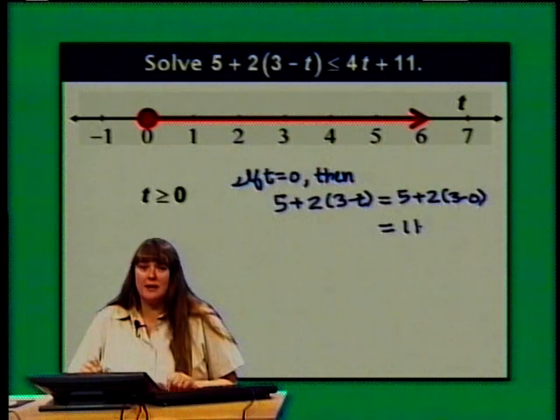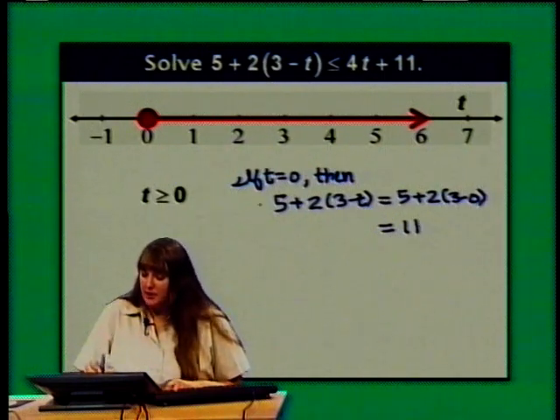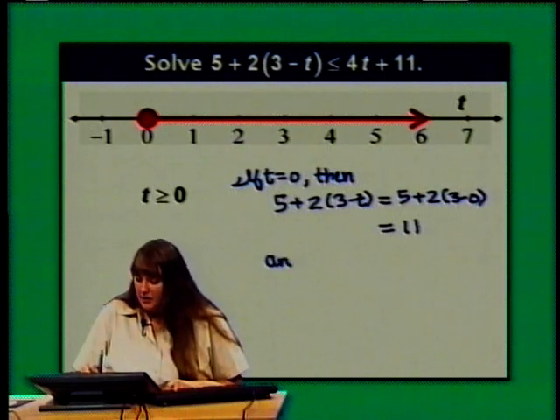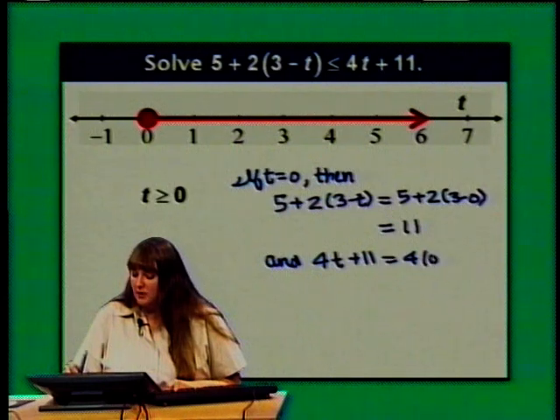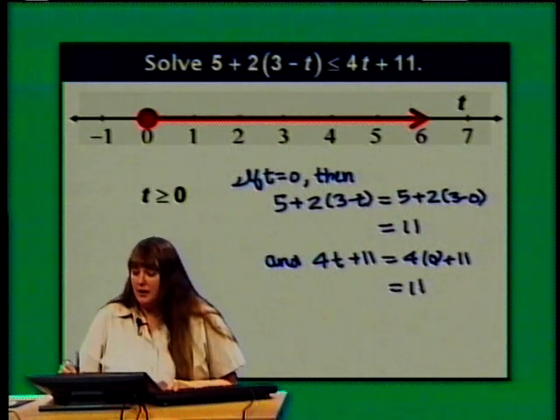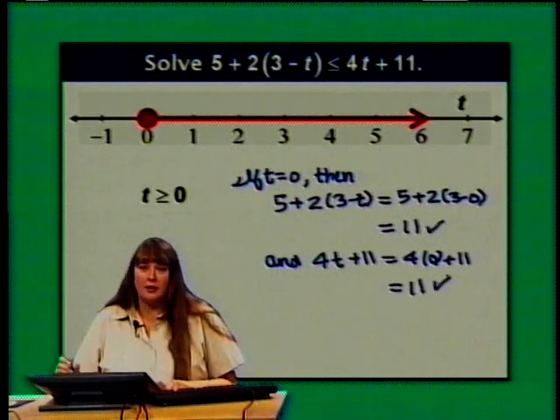Well, what about the right-hand side? That also involves a variable. So if t equals 0, then the right-hand side, 4t plus 11, would equal 4 times 0 plus 11. 4 times 0 is 0, 0 plus 11 is 11. And indeed, I do get equality at the endpoint.